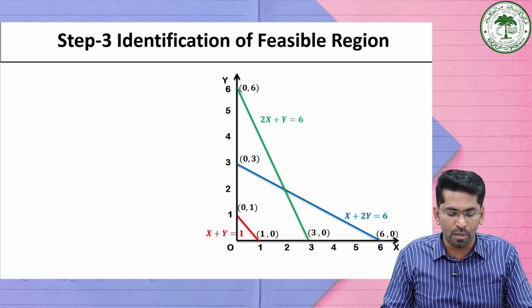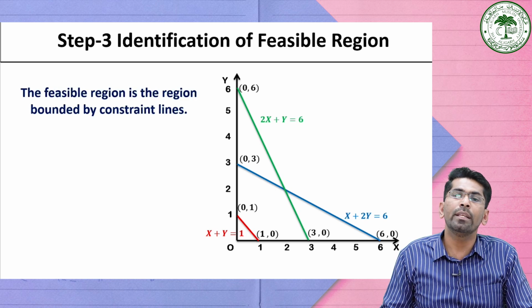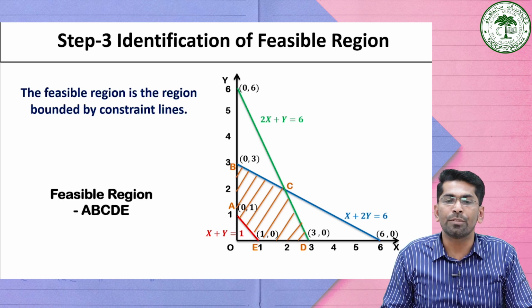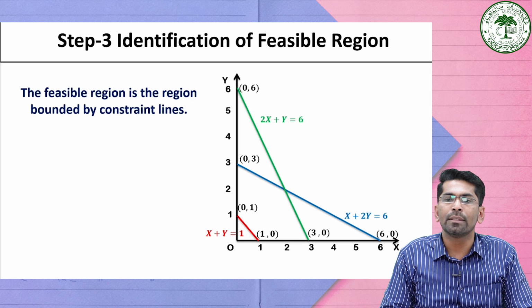Of course, we have already defined that the feasible region is the region which is bounded by, or satisfies, all the constraints, and all the points inside the feasible region, or on the boundary of the feasible region, or at the corner of the feasible region, satisfy all the constraints here.